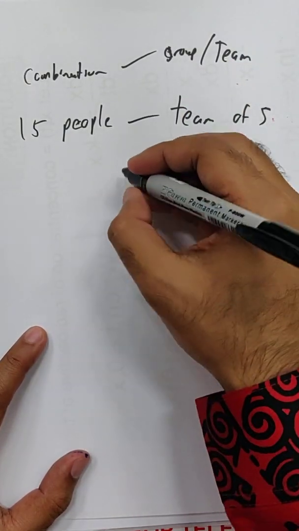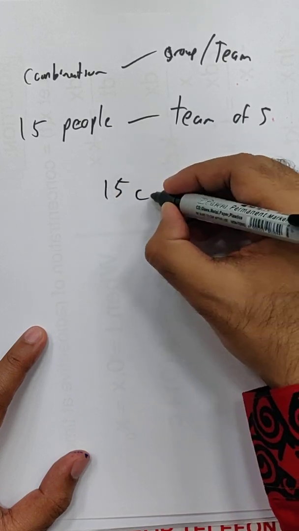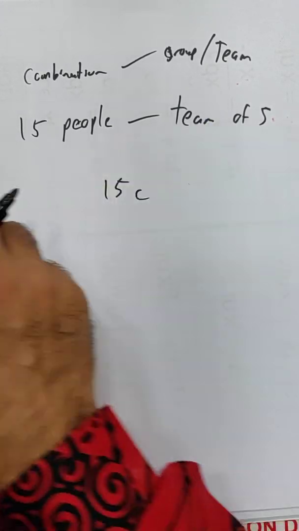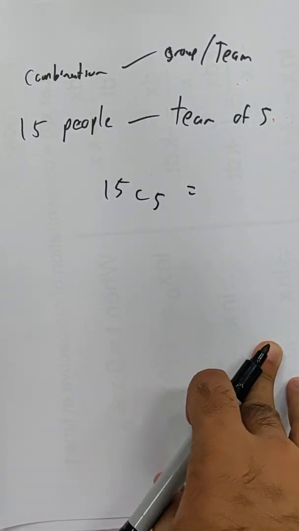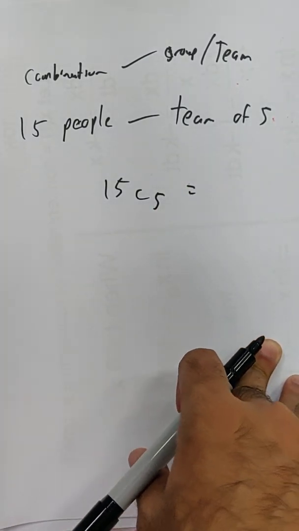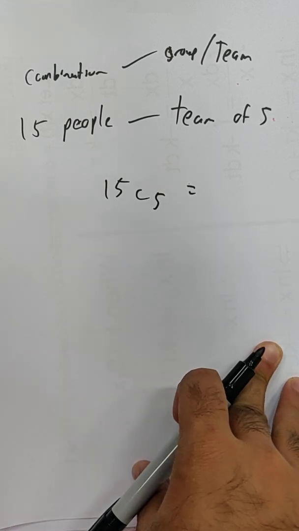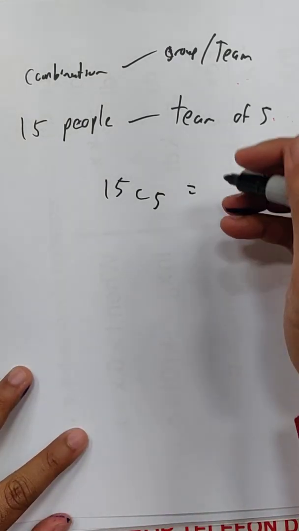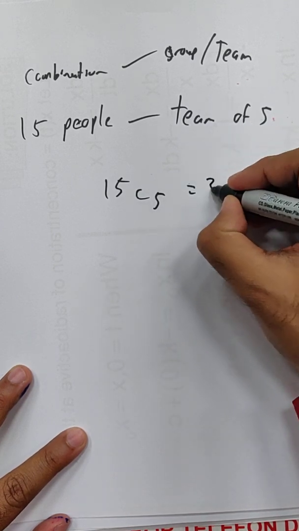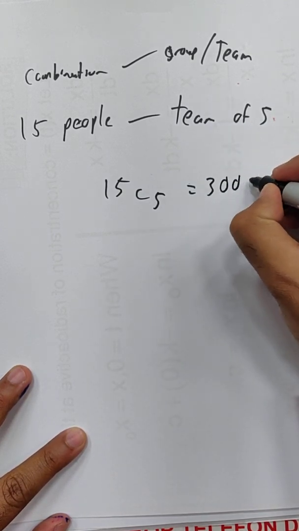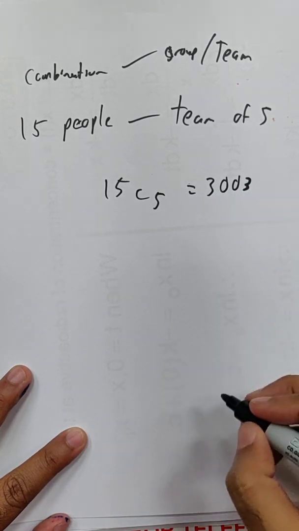Then it's going to be simply 15C5. Which is going to give you the answer? Can you press the calculator? 3,003. Wow, that's nice and symmetrical.